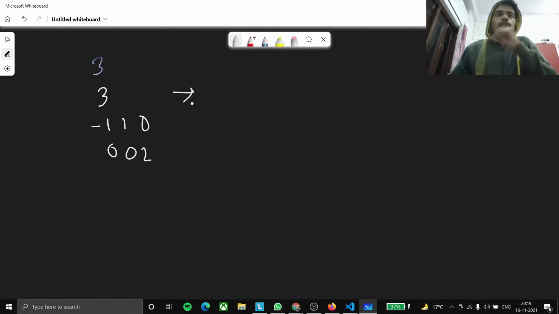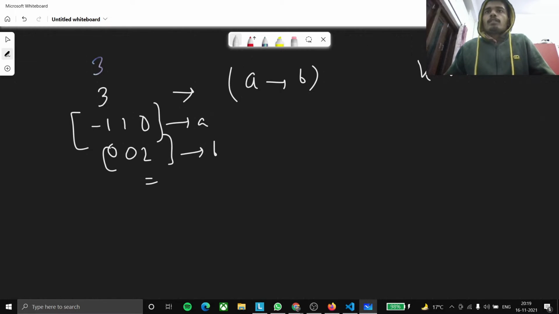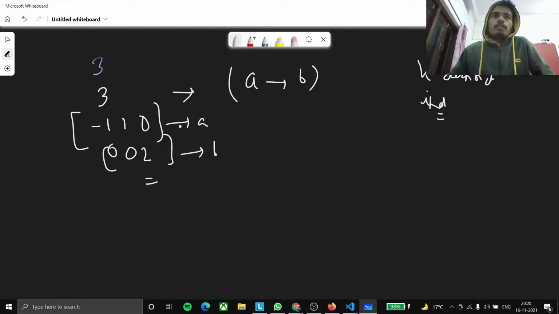So in this question, suppose this is array A and this is array B. We just had to convert array A into array B by performing some operations on array A: choosing k distinct indices and increasing the elements at those indices by 1, and checking whether it matches array B or not.